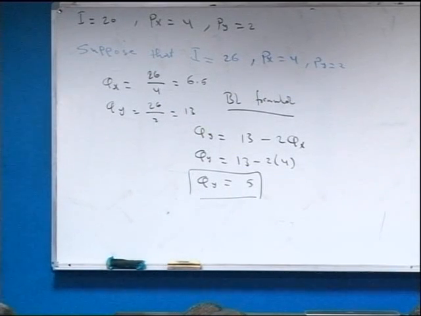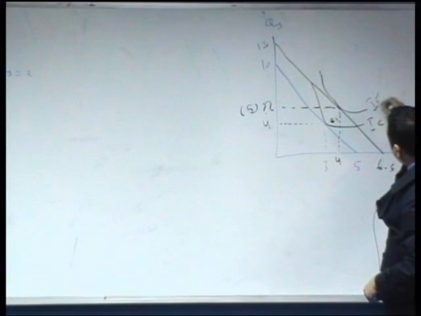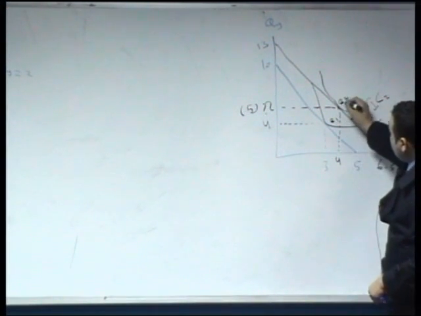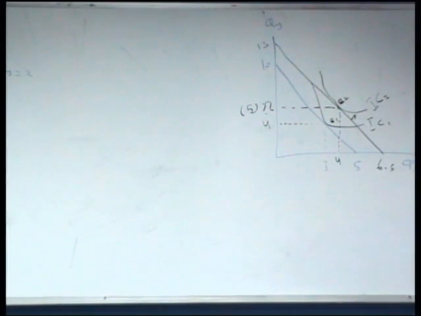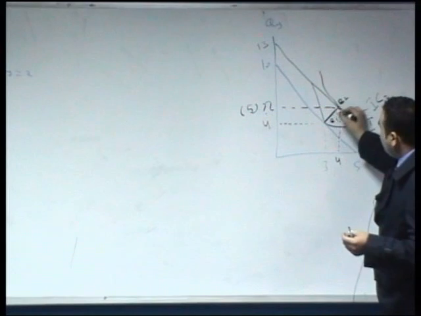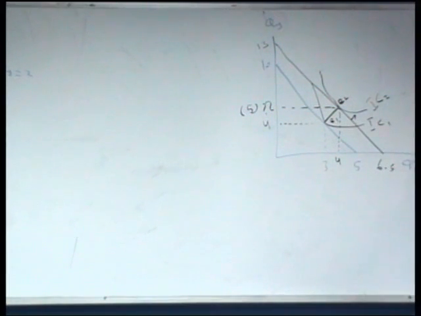So we have a new tangency between the indifference curve and the budget line. This is IC2, E2, right? The line between E1 and E2 is called what? The income consumption line.